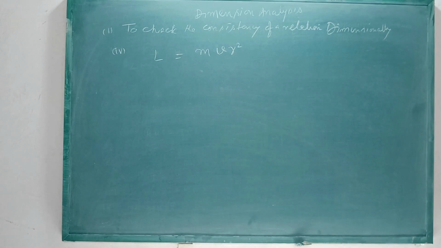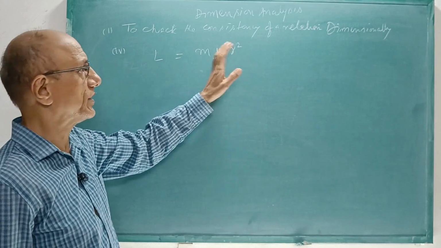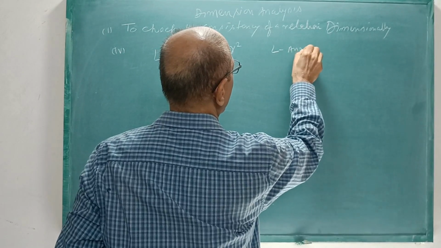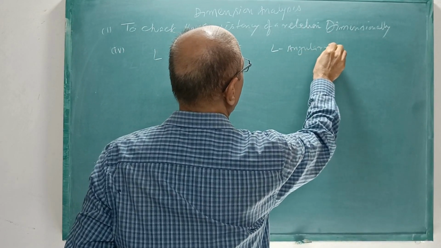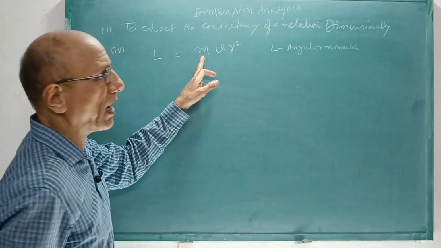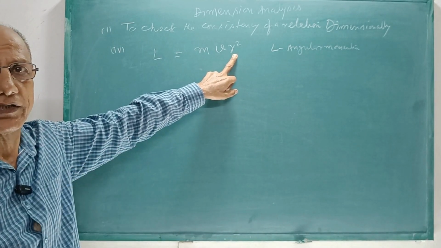Now let us check the fourth relation, L equals to mv r square. So this L is the angular momentum. M is the mass, v is the velocity, and r is the radius on which the body is moving.